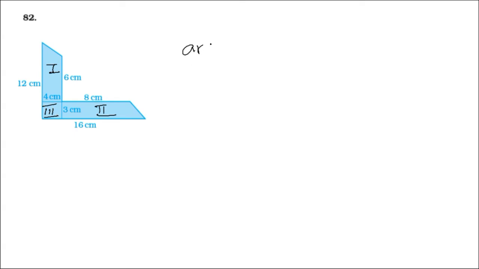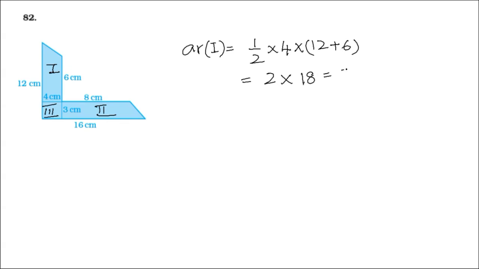So what is area of part 1? Area of part 1 is half into height is 4 multiplied to sum of the parallels is 12 plus 6. You get it as 2 times of 18 is 36 square centimeter.